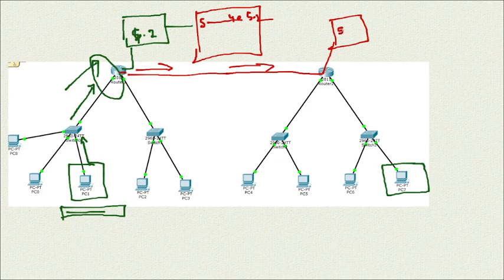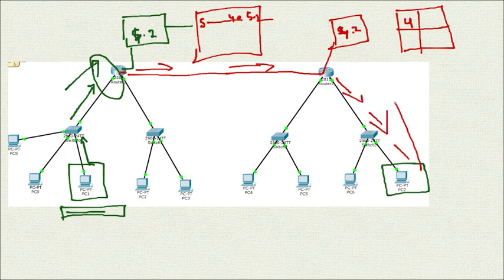What is the payload? 4.2, I wanted to reach 4.2, it's my payload, right? This interface also checks the routing table, and the 4 network is also there. That's the reason this router forwards to the network here.